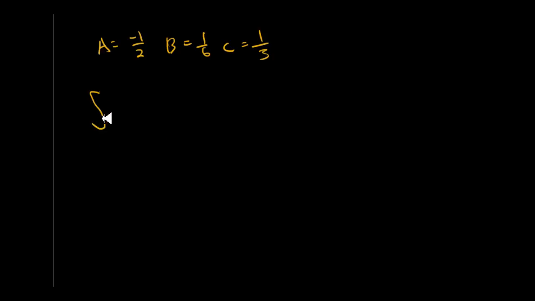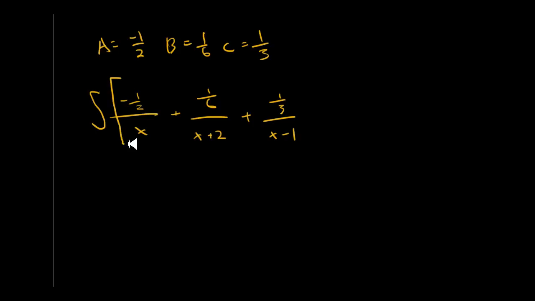So we can split the integral into these three components: -1/2 times 1/x, plus 1/6 times 1/(x plus 2), plus 1/3 times 1/(x minus 1). With the constant multiple rule, plus the rule which says you can split these integrals if it's an addition sign, we will do that.